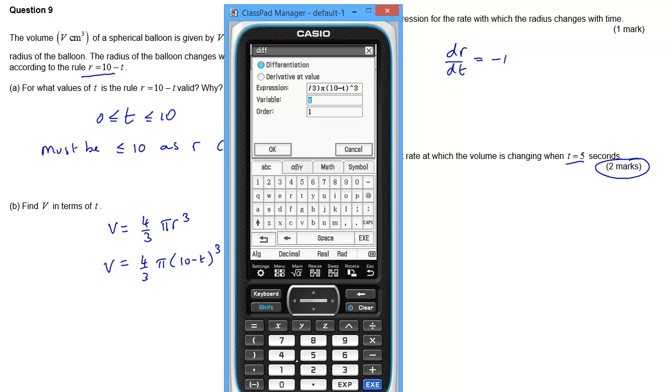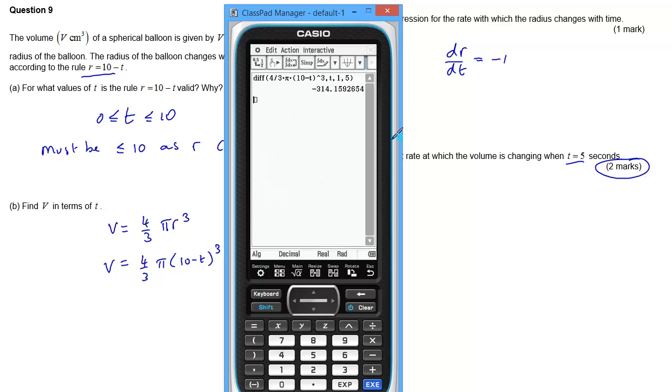Our variable is t, and we want a first order, but we want the derivative at a value, and that value is 5. So OK that.